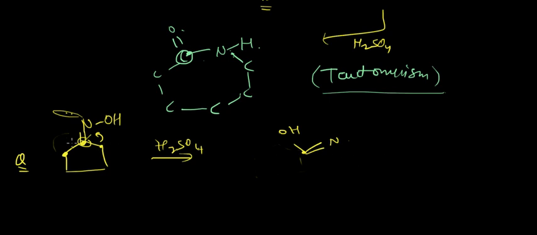Let me label this as carbon 1, and carbon 2 would be attached to the nitrogen atom. We'll be getting something like this as the carbon 2, and then 3, 4.